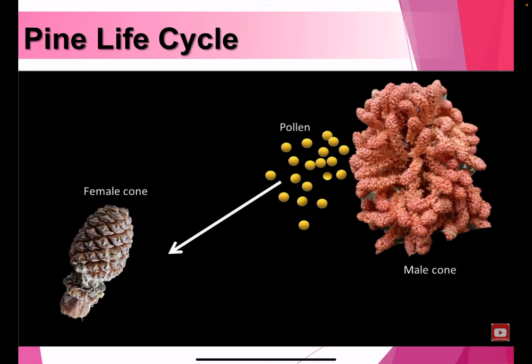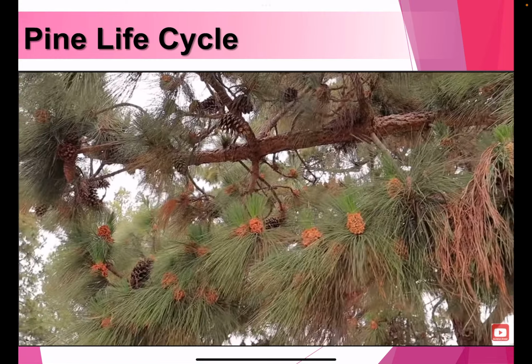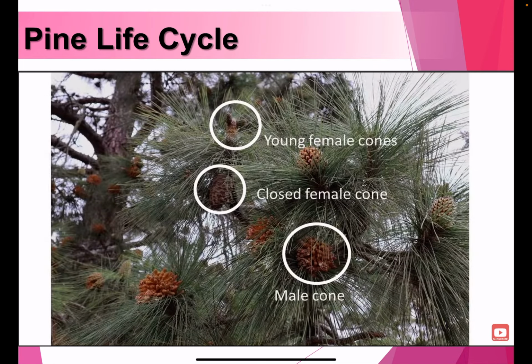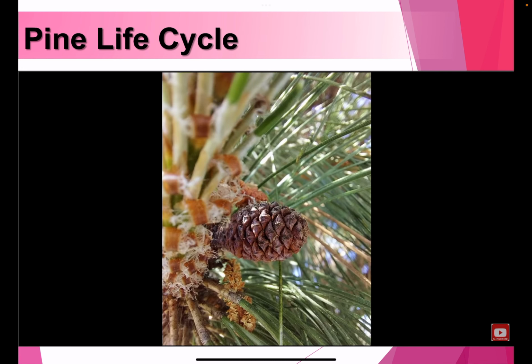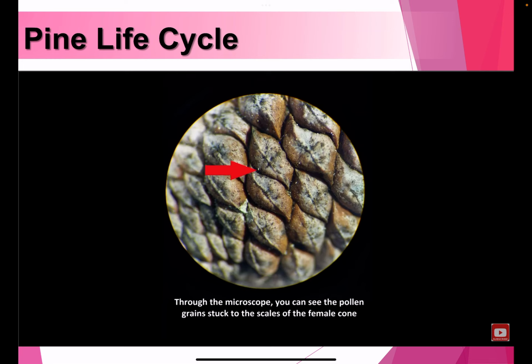But let's get back to reproduction. Now we have pollen with male cells floating in the air, but in order to make a seed, pollen needs to find its way to the female reproductive structures. Where are these located? In pines, you'll find the female cones on the same tree where you find the male cones. These female cones look much more like what you imagine when you think of a pine cone. However, at the time when they're receiving pollen, they're much smaller and more closed up. Inside these nearly completely enclosed cones are structures called ovules, which are ready to receive pollen.